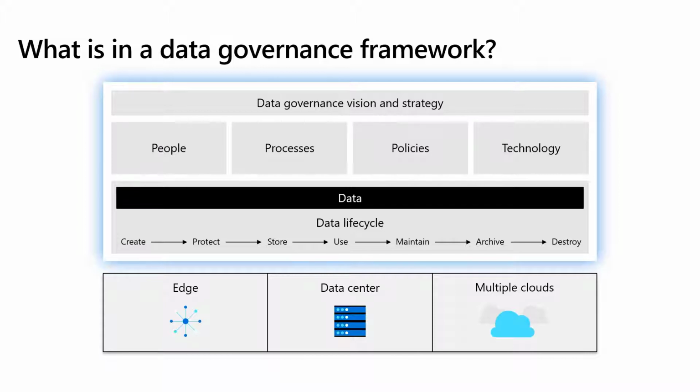We know that technology must be part of the solution, and that would be in the form of software and hardware that can work with and track the data as it moves through its life cycle, or what we refer to as data lineage. We also know that data exists across many devices, from the edge to the data center and the cloud.